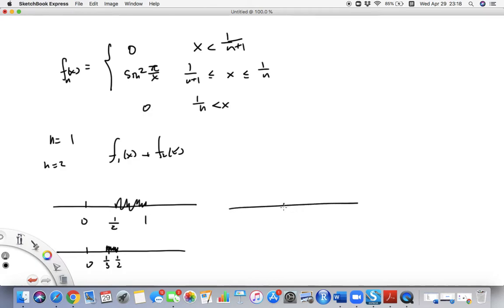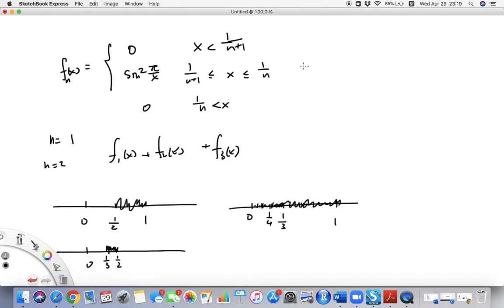We have less than 1/3 it's 0. Between 1/3 and 1, you have something here and something here. So when you add another f_3(x), then you have 1/4 here, something here, and as you can see, if you keep adding more and more, you're adding things here.